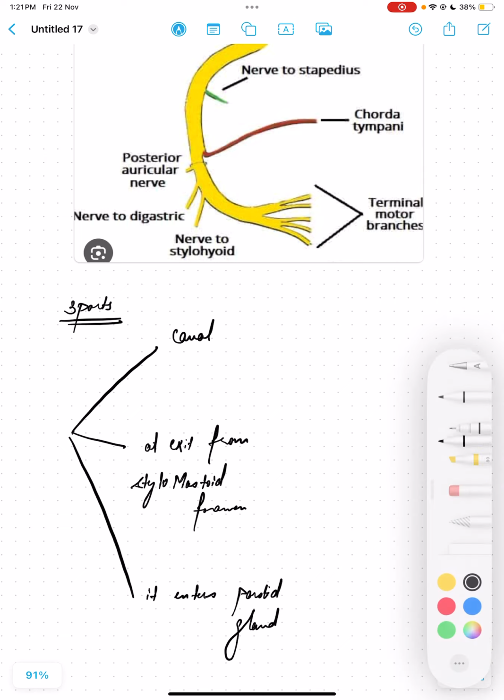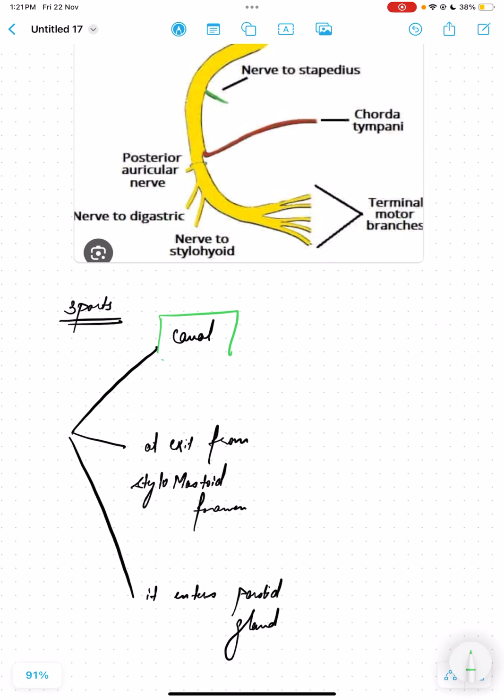Okay, these are basically the three parts. First part is the canal, second part is the point where it exits from the stylomastoid foramen, and third part is when it enters the parotid gland.